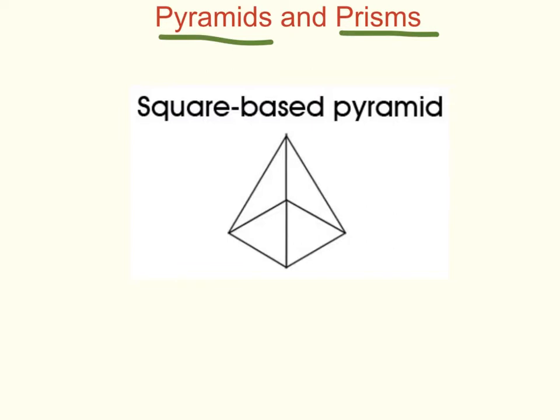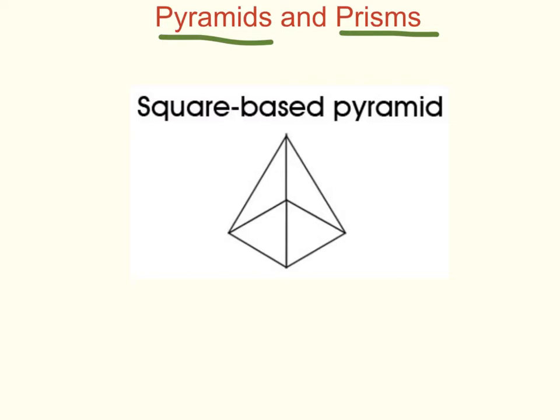Here we have what's called a square-based pyramid, and it's called that because the base is a square, so it's square-based. And the interesting things about pyramids you have to know is that the sides, or the faces I should say, are triangles. So you see that triangular face, and this face here is triangular.